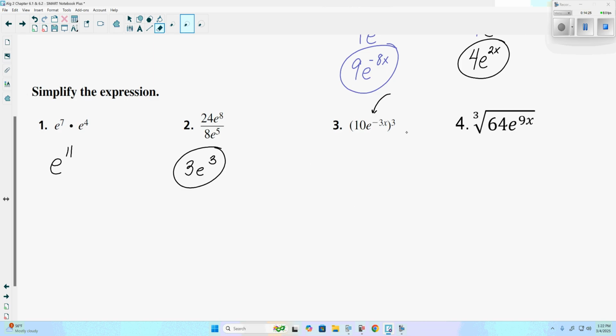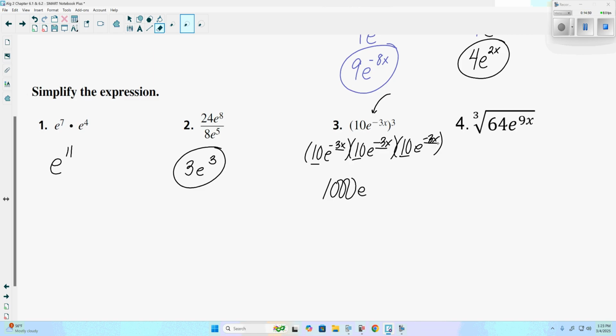Now, if we did it the way we did the one before, we could rewrite it as 10e to the negative 3x times 10e to the negative 3x times 10e to the negative 3x, because we are multiplying it by itself 3 times. Cubing. 10 times 10 is 100, times 10 is 1,000.